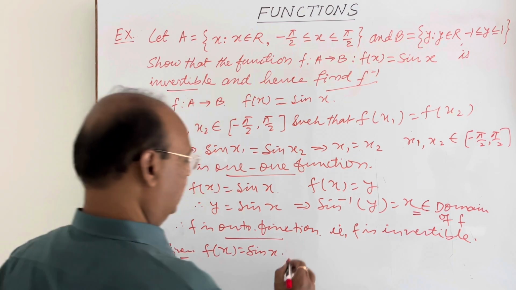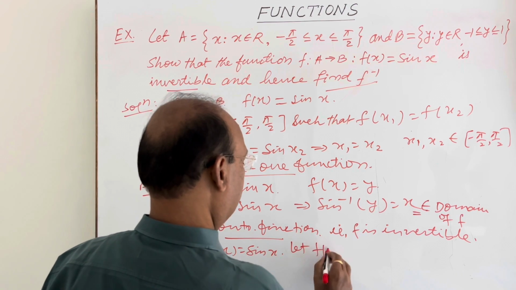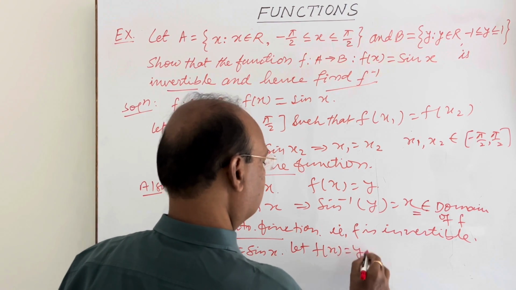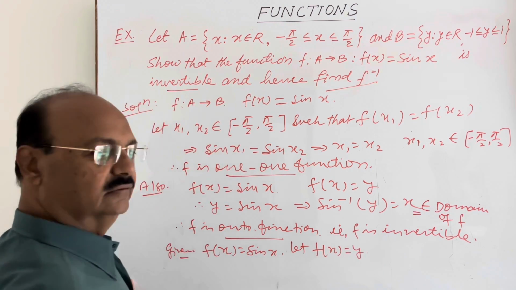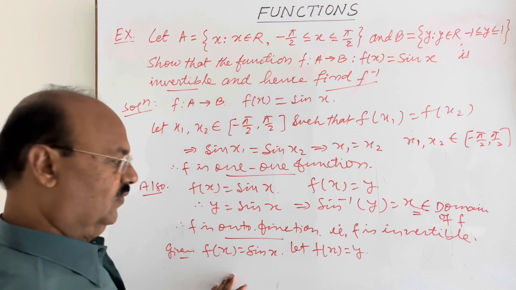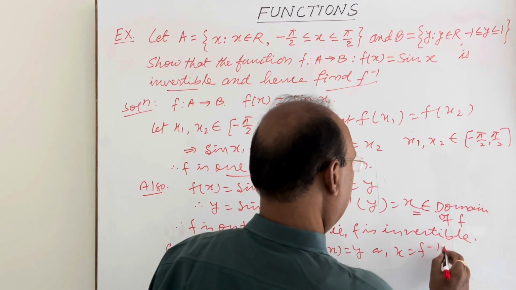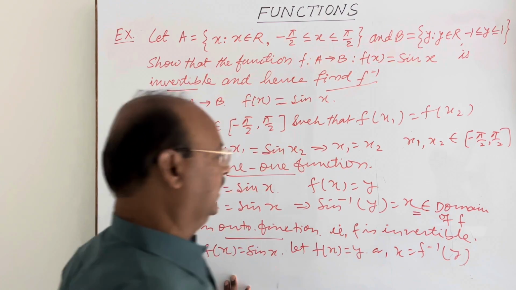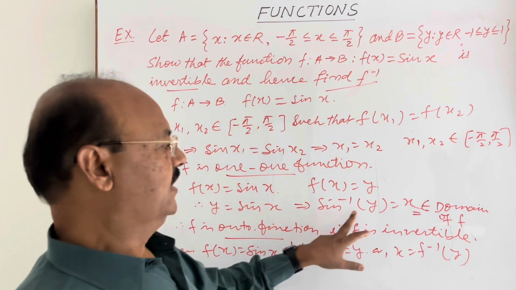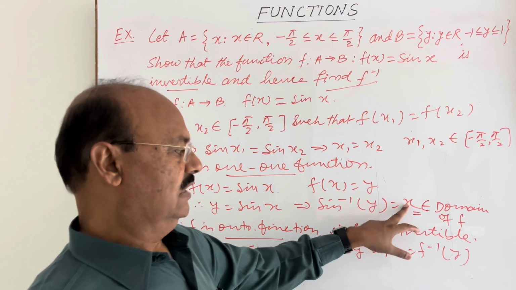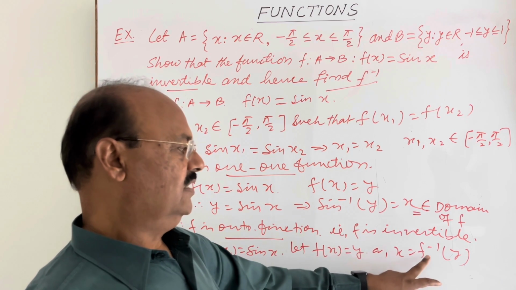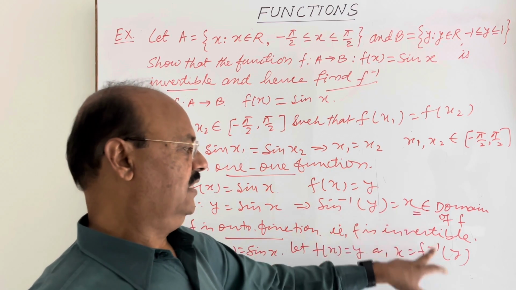And we write here f(x) is equal to y, or x is equal to f inverse of y. Here we are getting sine inverse y is equal to x, and x is f inverse of y.